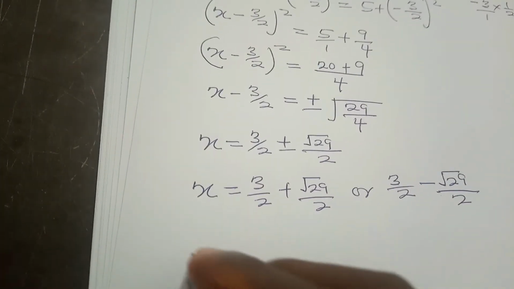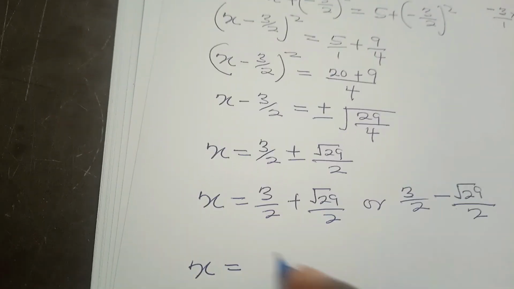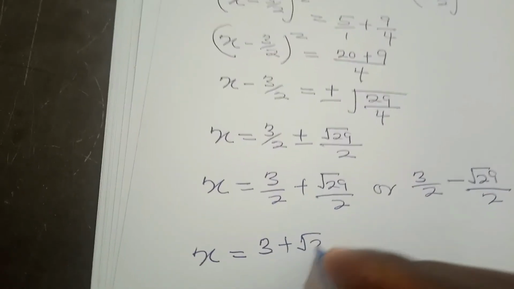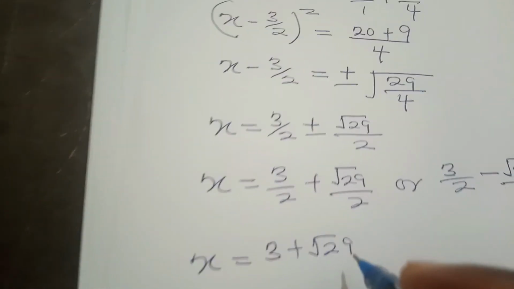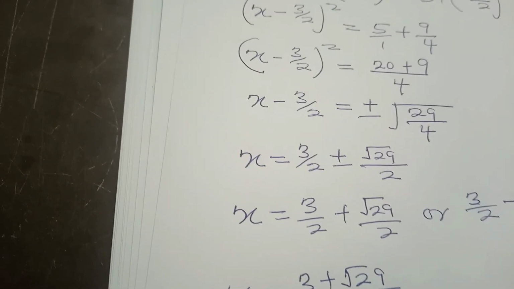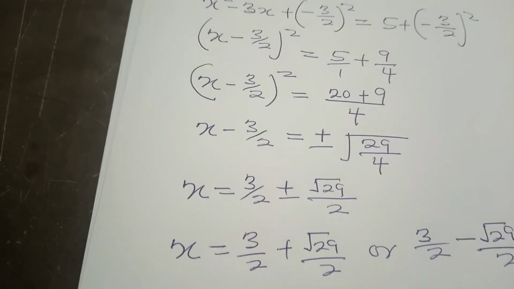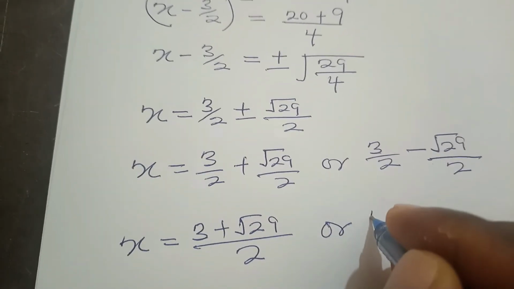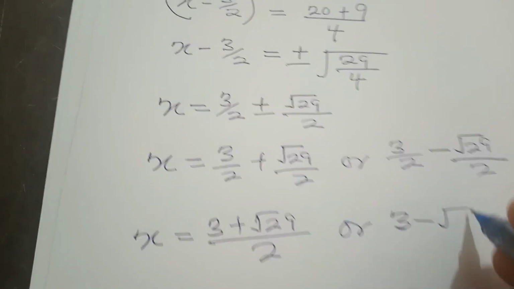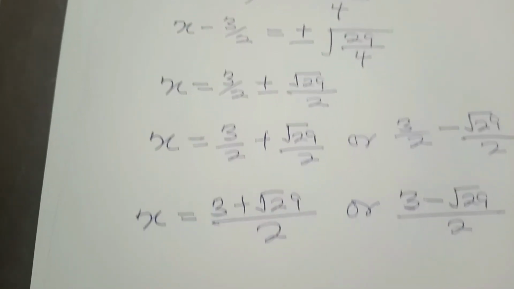To simplify further, x is going to give us 3 plus square root of 29 all over 2, because they have the same denominator, or 3 minus square root of 29 all over 2.